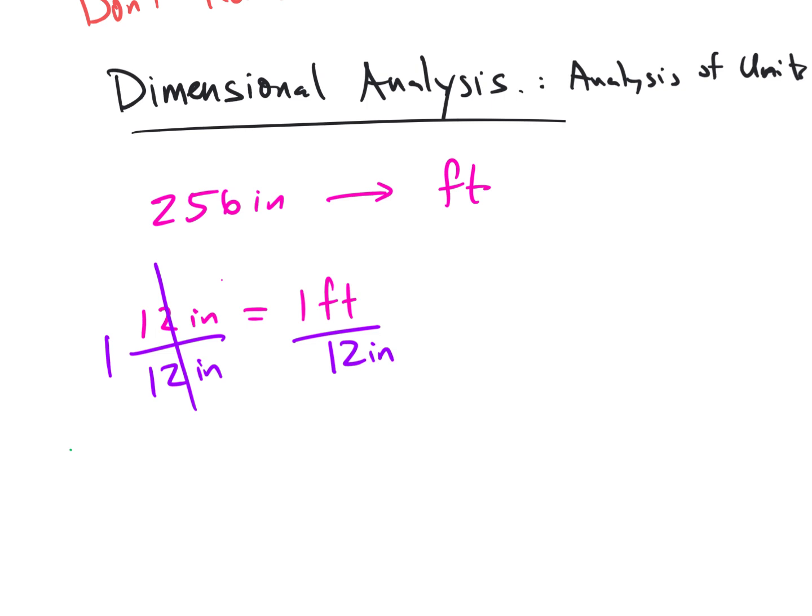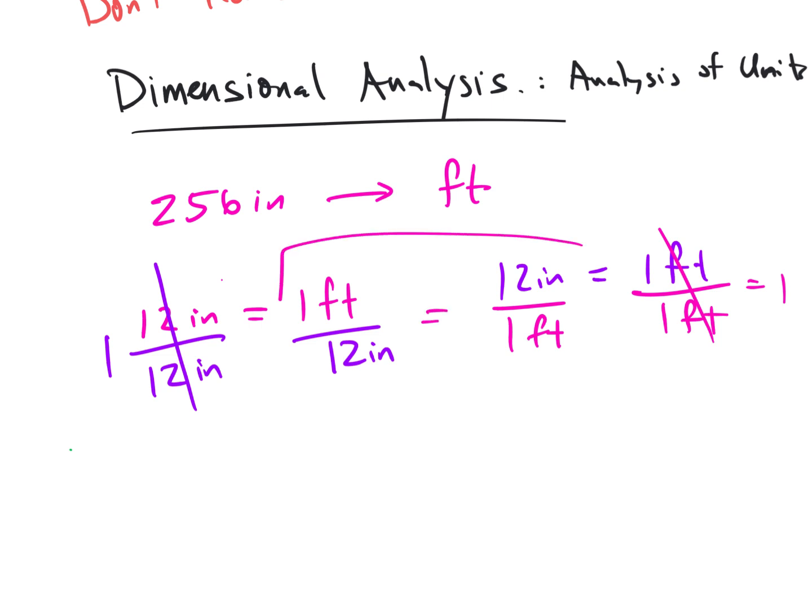And let's do it over here. If we have 12 inches again equals 1 foot, let's this time divide both sides by 1 foot. Same thing, but inverse. Are these both the same value? Yeah. So which one do we use?